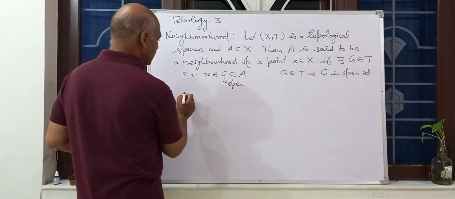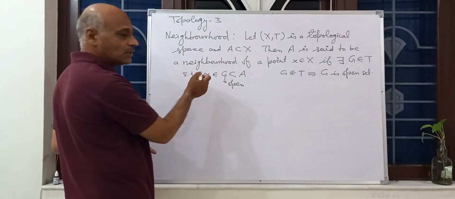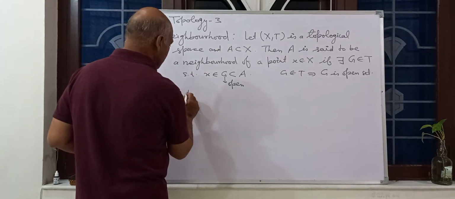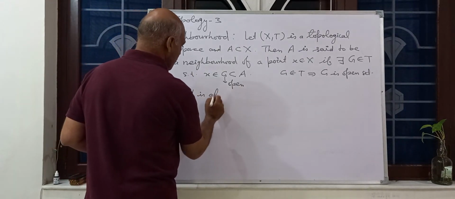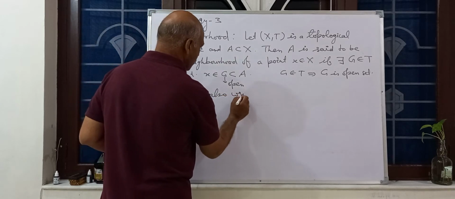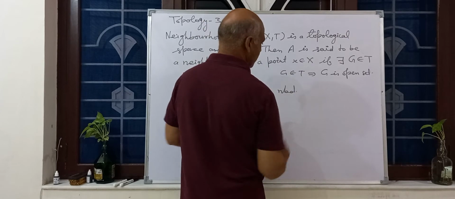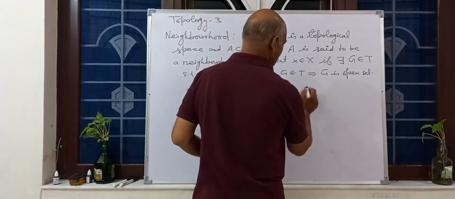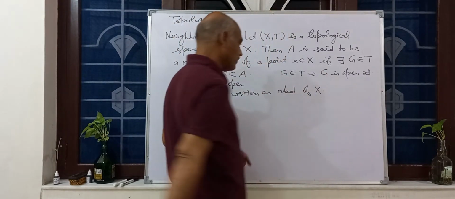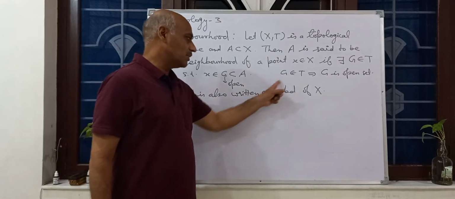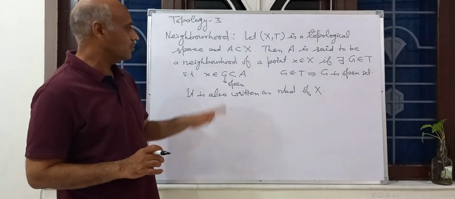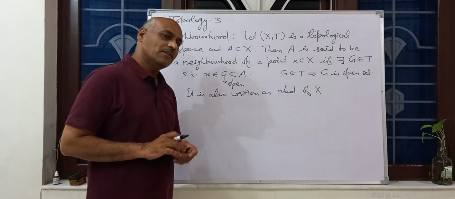And we write neighborhood like this. It is also written as NBD, which means neighborhood of x, where x belongs to X. This is short because the spelling is very long.